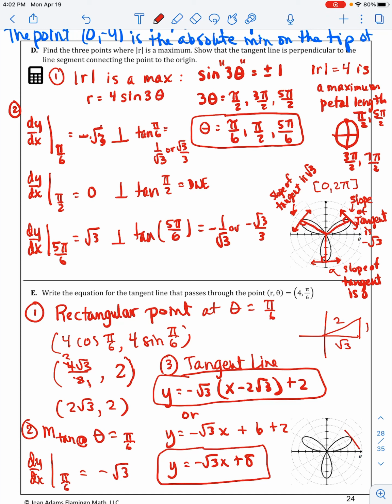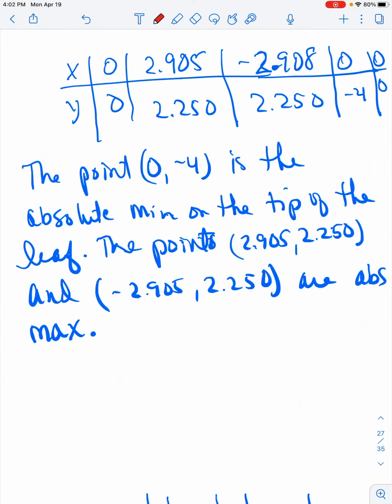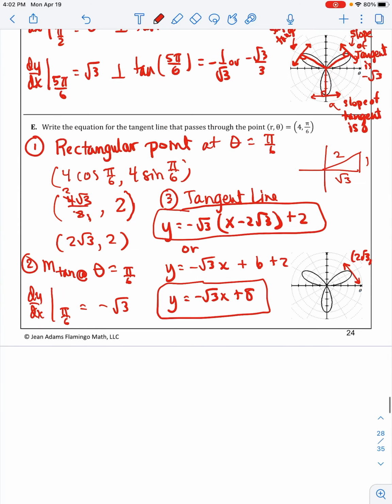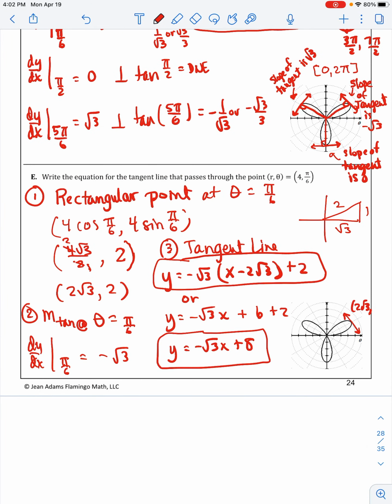And we're talking about this tangent line. And this was the point 2 root 3 comma 2, this point right there.